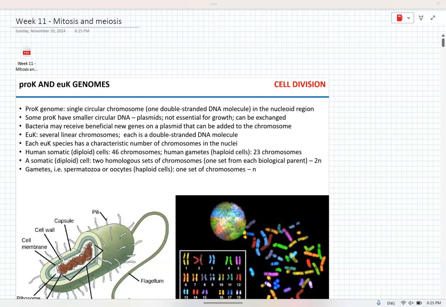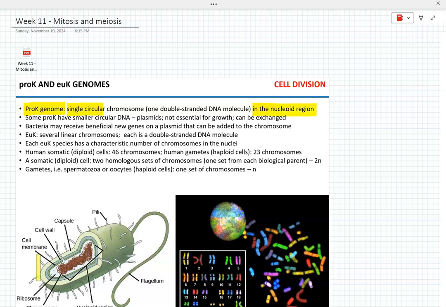of cellular genome. In prokaryotes, genome consists of the single circular chromosome, essentially one circular double-stranded DNA molecule within the nucleoid region, a special part of the cytoplasm where the DNA is. In some prokaryotes, you can find also plasmids, small circular DNA that are not essential for microbial growth, but can carry certain beneficial genes.